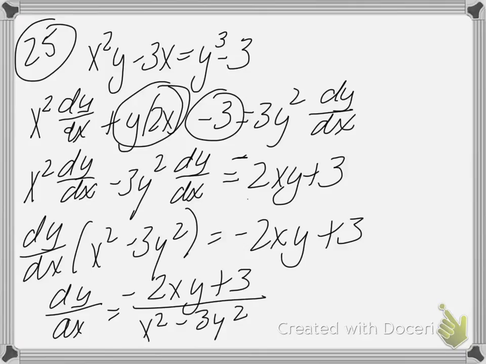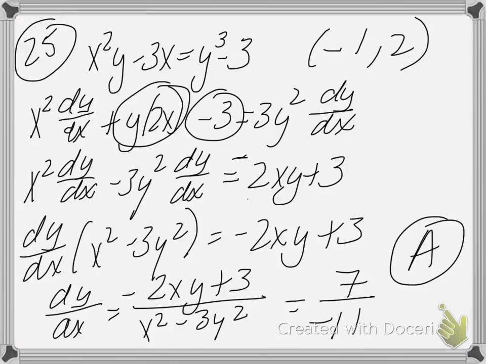Okay, and that would be the answer, except that it's asking you to find it at the point negative 1, 2. So you're going to put negative 1 in for x, 2 for y, and when you're done you should get 7 over negative 11, which was choice A.